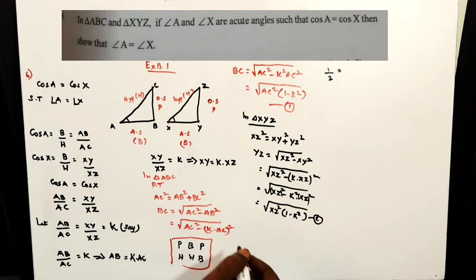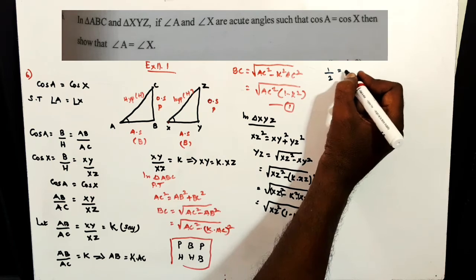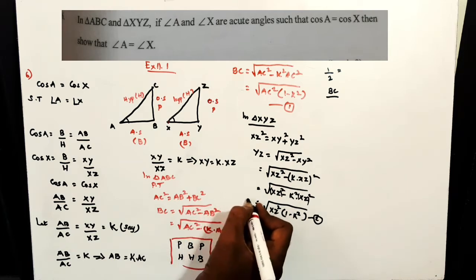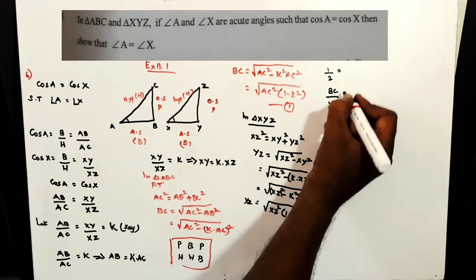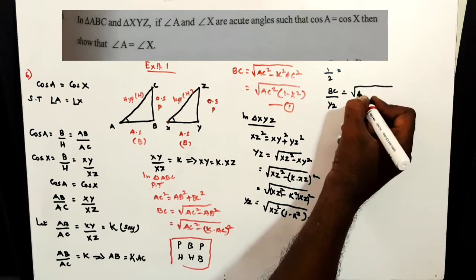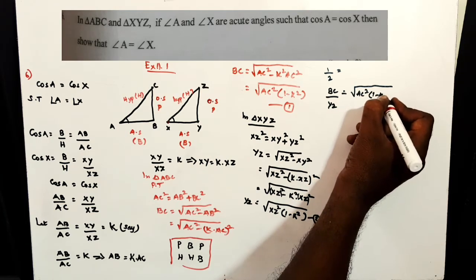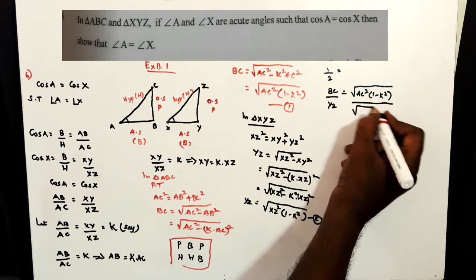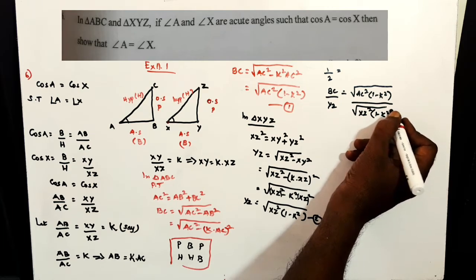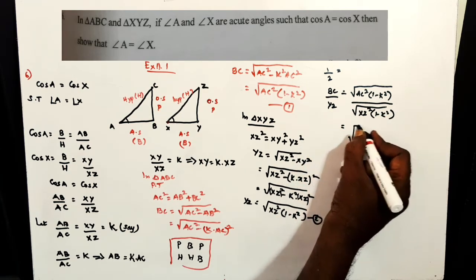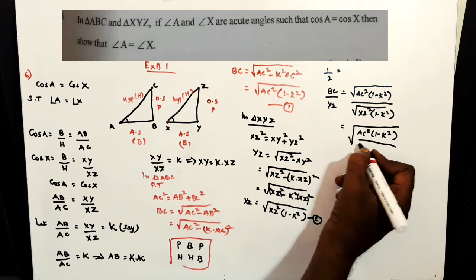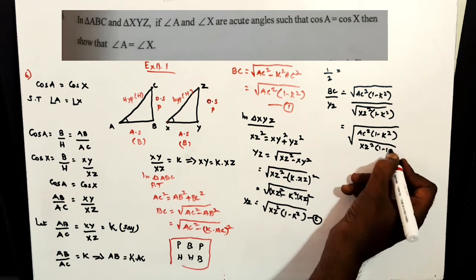BC by YZ is equal to under root AC square into 1 minus k square by XZ square into 1 minus k square.